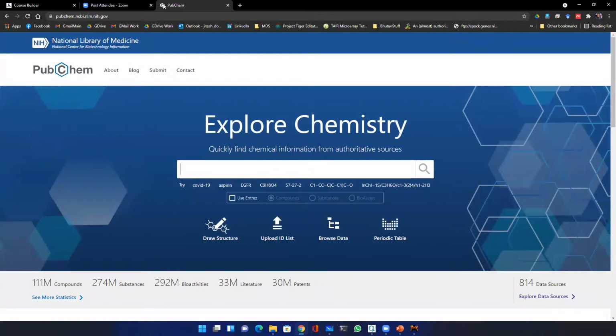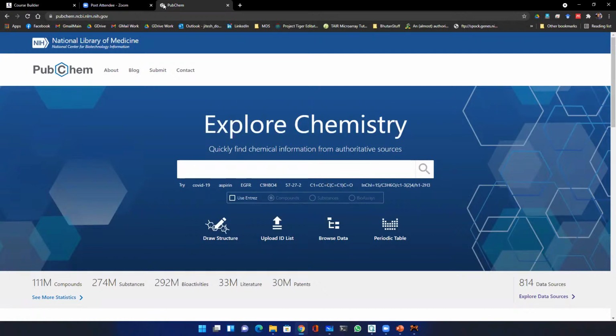Now, this is a platform to understand the chemical structures of a lot of different types of molecules which are available in the public domain. There could still be many other molecules in the chemical world which are not present here, but most of the things that have been identified, you will find over here.